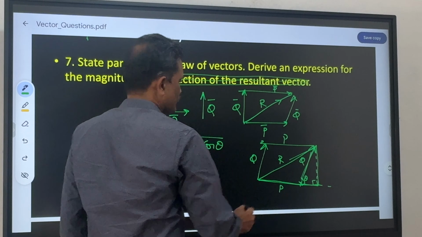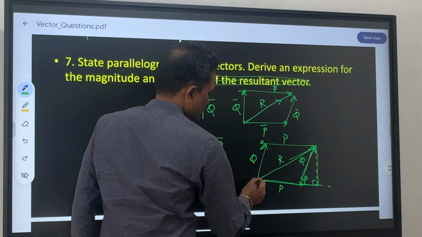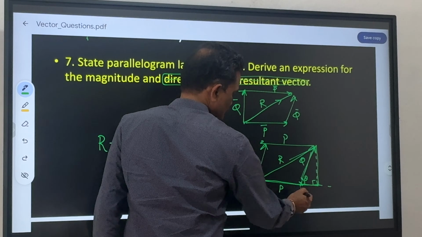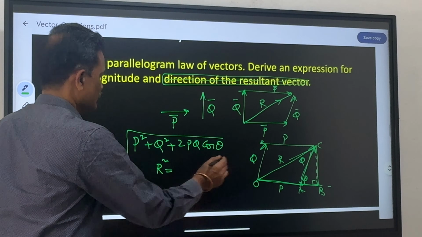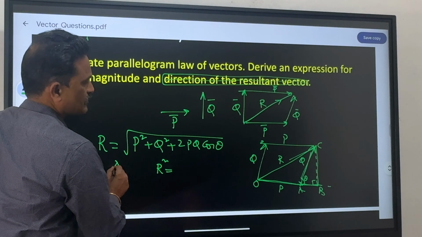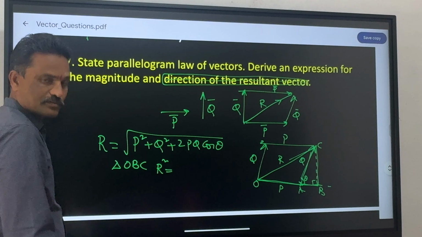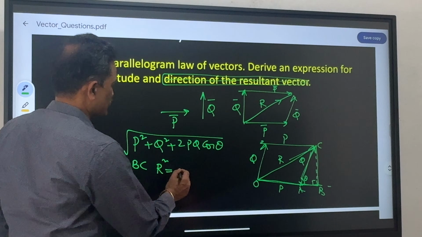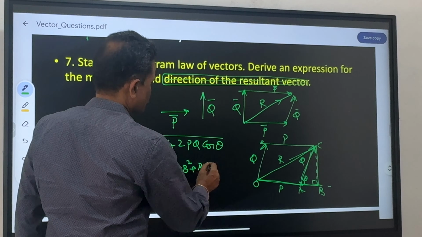This is R, resultant. So R square is equal to, so if I want, I can give some names to the points. This is A, this is B, this is C. So I am taking the bigger right angle triangle, that is OBC. Applying Pythagoras theorem, R square is equal to OB square plus BC square.